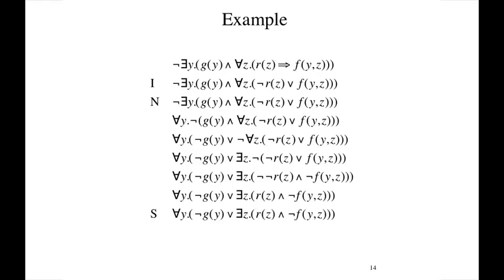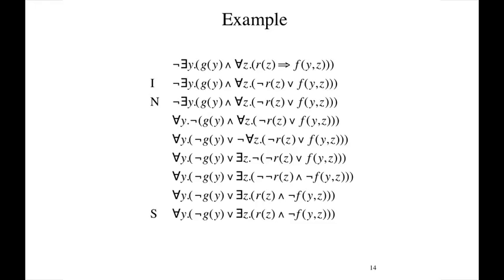Okay, here's another example. In this case, the starting sentence is almost the same. The only difference is the leading not operator. But the result looks quite different. As before, on the I step, we get rid of the implication operator. This time, the N step is a little more interesting. We need to push that negation sign down through all of the sub-expressions. First, distribute over the existential, flipping it to a universal and negating the target.